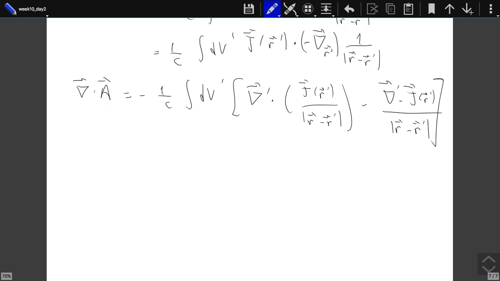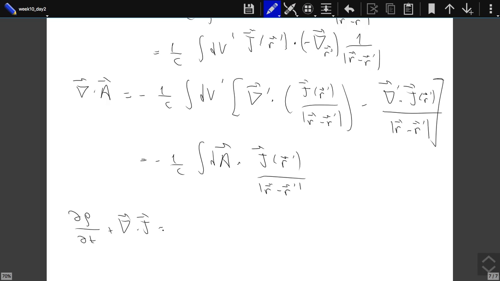Now the first term is the volume integral of a divergence, which I can write as a surface integral. And the second one, the divergence of J is 0. Because you see, the continuity equation tells me that del rho by del t plus the divergence of J should be equal to 0.